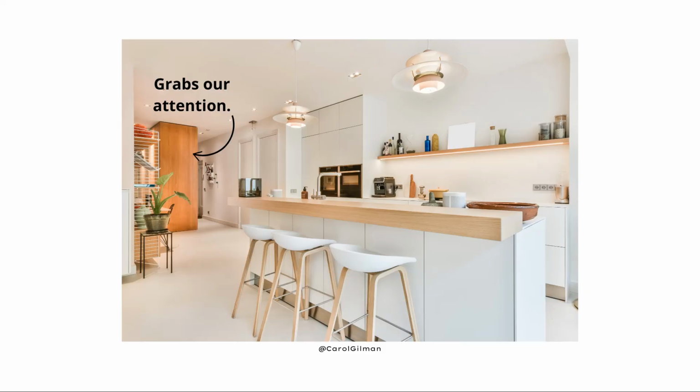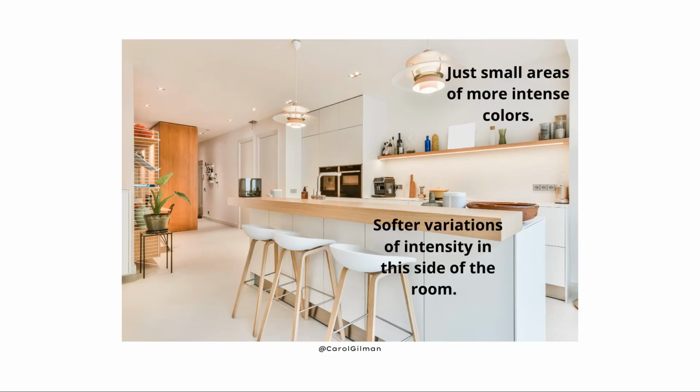And you would want to keep in mind, the more saturated a color is, even if it is a neutral color, the more intense that's going to look to us, and it's going to grab our attention a little bit more. So if you want to keep things soft, you may want to use just a little bit of a more saturated version of those colors, or maybe just keep everything on the softer side so there isn't this big jump from super saturated to very low saturation.